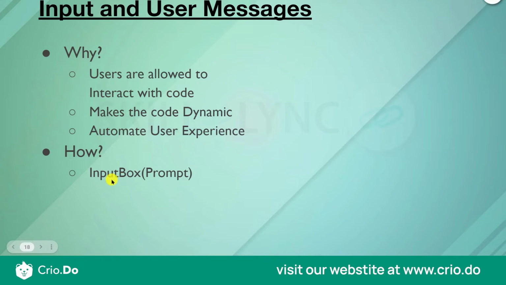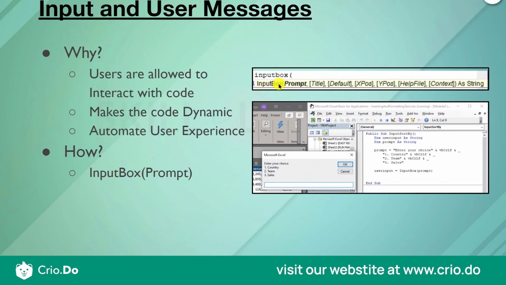How? We have the input box with us. This is the syntax for the input box. You can see it in the screenshot in the slide. This is the prompt, and then we have the title. After that, you can give a default one. You can provide a position for the X element and the Y position. Help file, if you want to add any context.